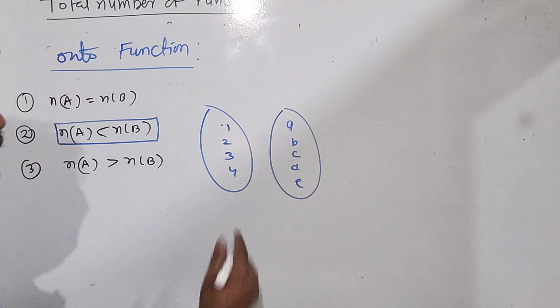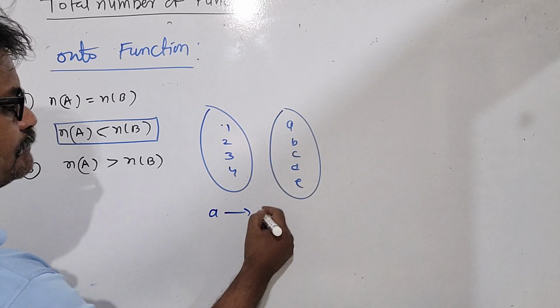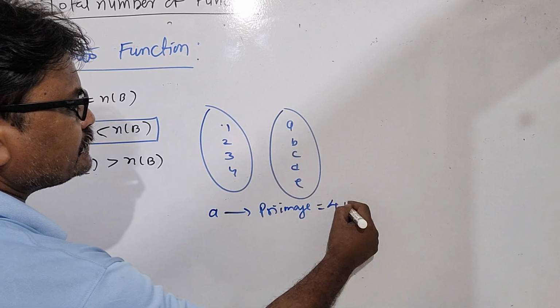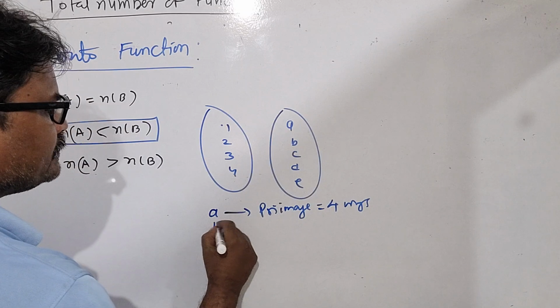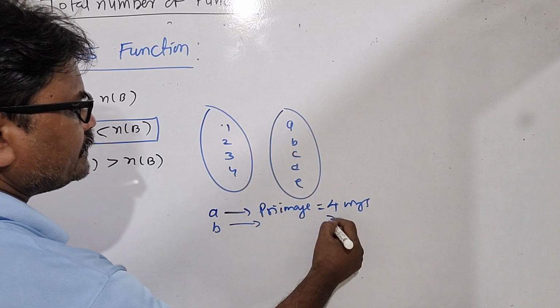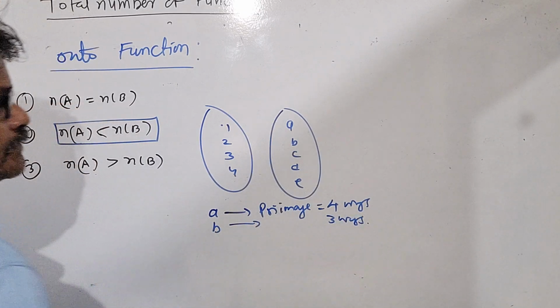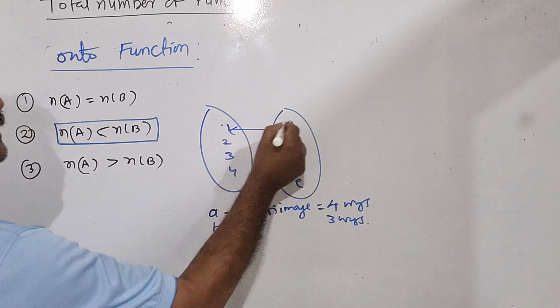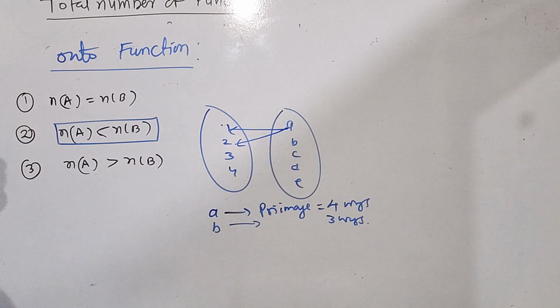Correct? So A can take the pre-image in 4 ways. Similarly, B in 3 ways. Because A cannot take the pre-image 1 and pre-image 2 like that, it is not possible.